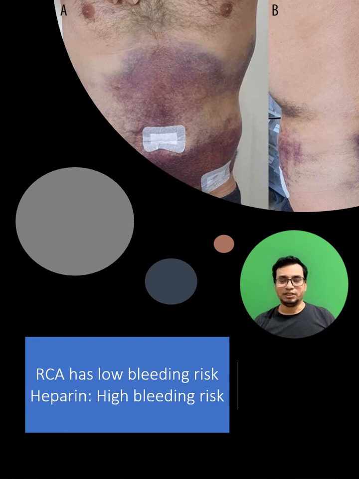Another advantage is that it has less chances of circuit clotting and less chances of blood transfusion requirement, because circuit clotting means that you have to change the whole circuit and there will be definitely hemoglobin drop in such cases, and that will lead to blood transfusion. The second advantage is more important, and that is the superiority over heparin for the filter lifetime or filter lifespan.